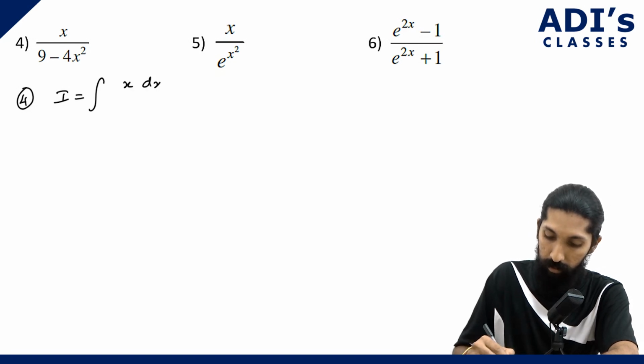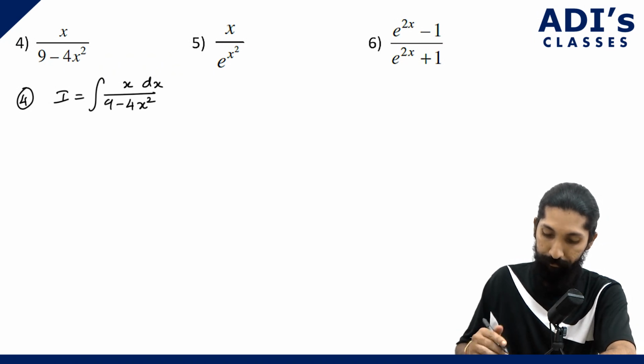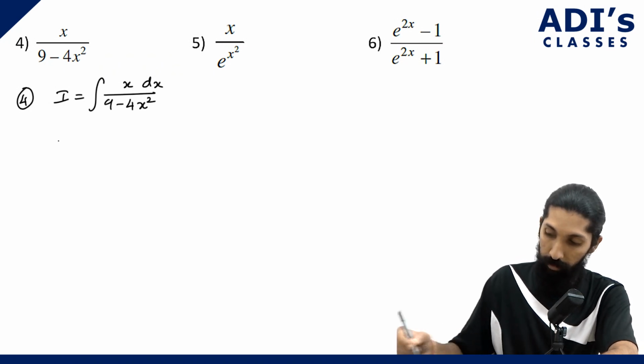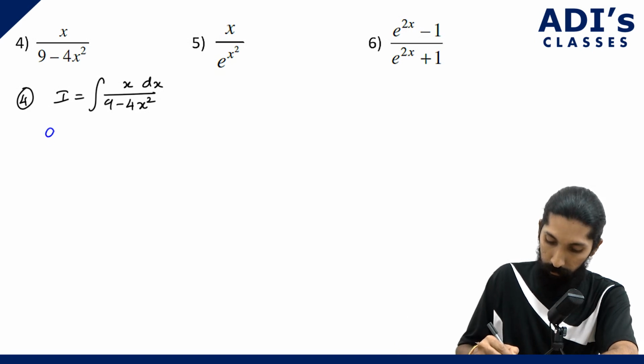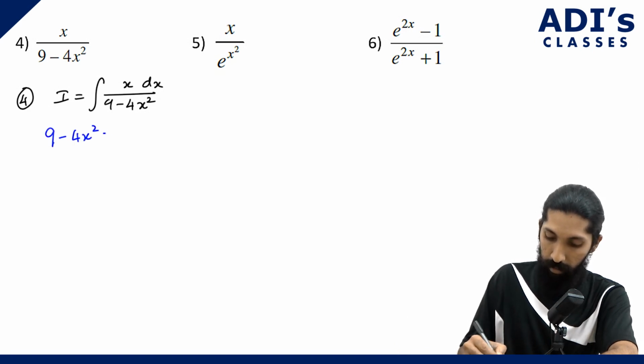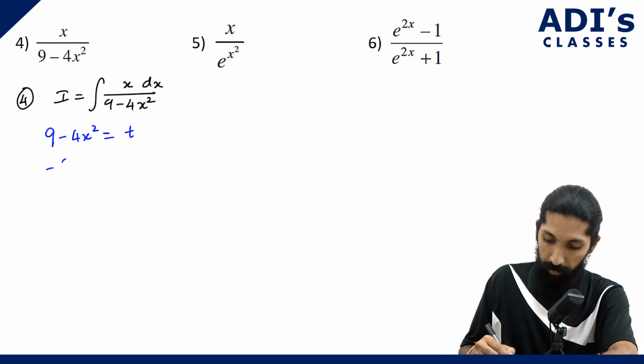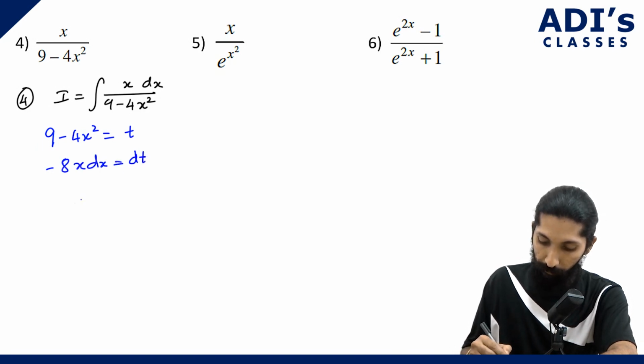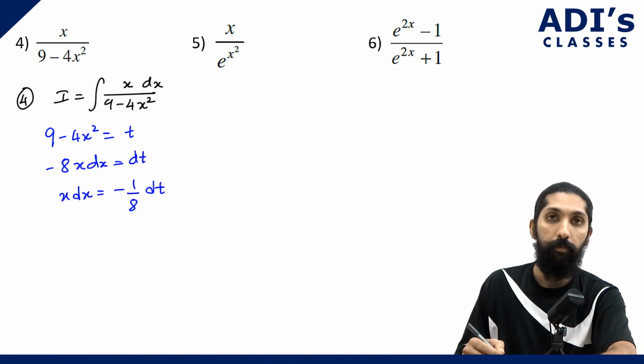X dx over 9 minus 4 x square, right? So take 9 minus 4x square as t, minus 8x dx is dt. So x dx becomes minus 1 by 8 into dt.